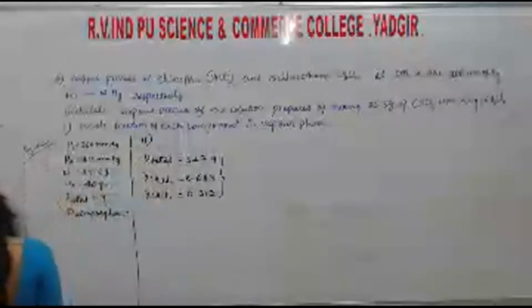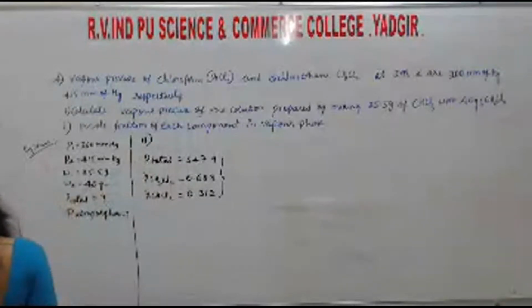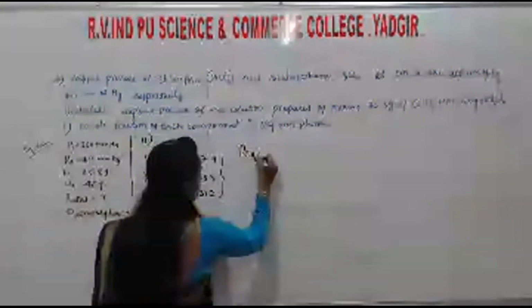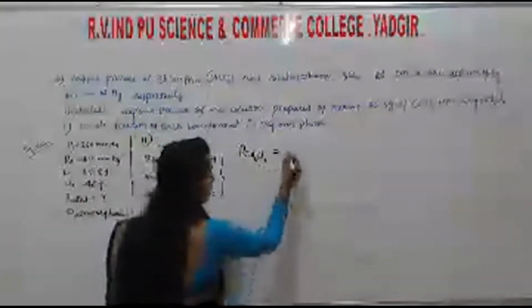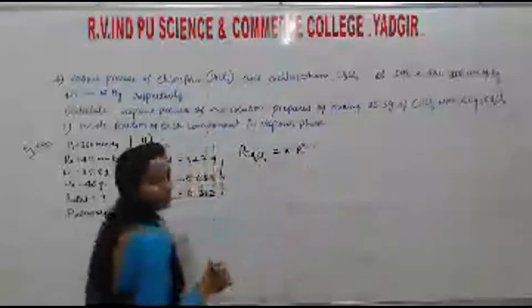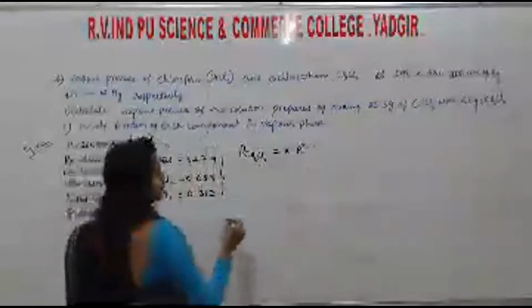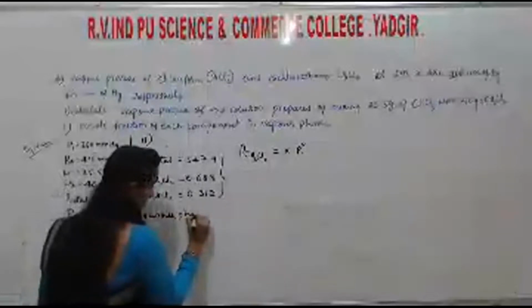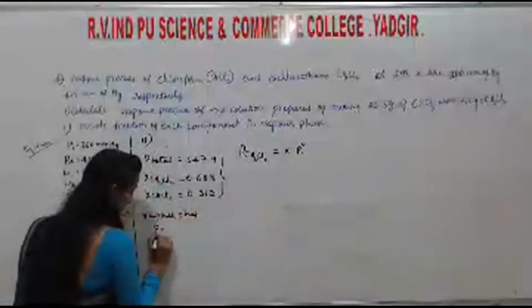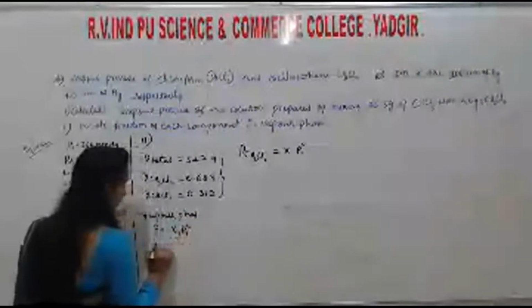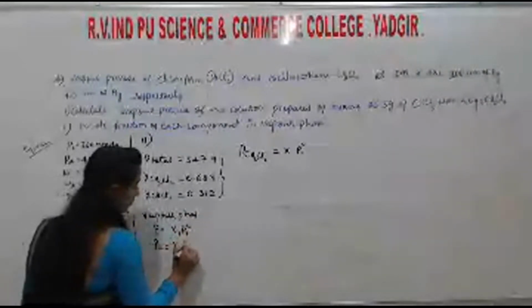So students, as I told you, the vapor pressure of each component is equal to its mole fraction times the pure pressure. P of CH2Cl2 in the vapor phase is X mole fraction into P1 naught. You know the formula: P1 is equal to X1 into P1 naught, and P2 is equal to X2 into P2 naught.